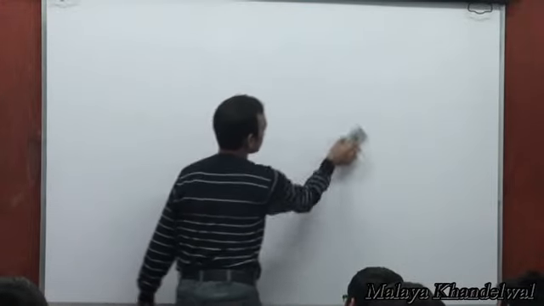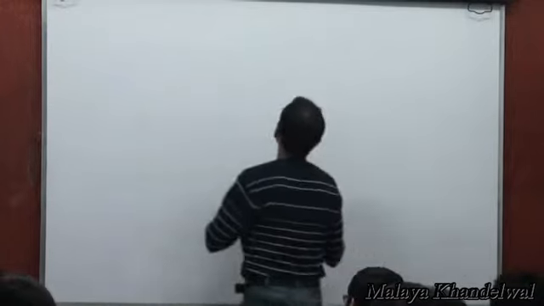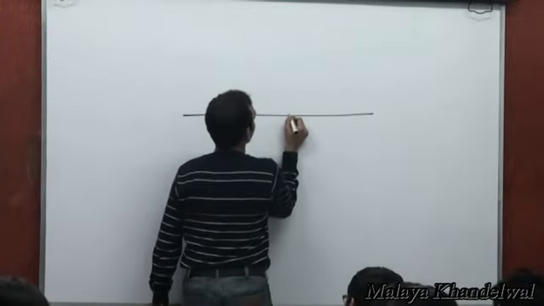in which case we define the ellipse as the locus of a point.